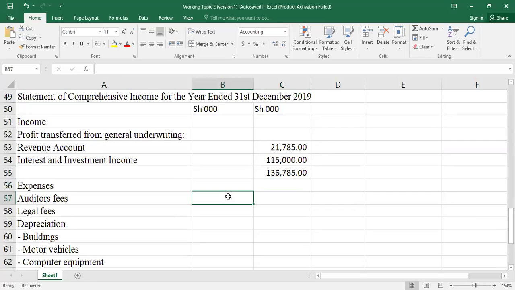Then we go to the expenses. What are the auditor's fees? The provision for auditor's fees is 5 million and the legal fees is 1,250,000, right? So this is 5 million and this is 1,250.